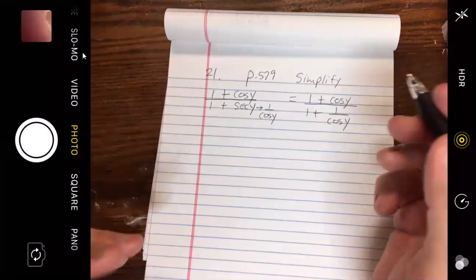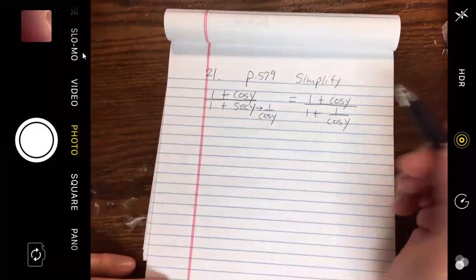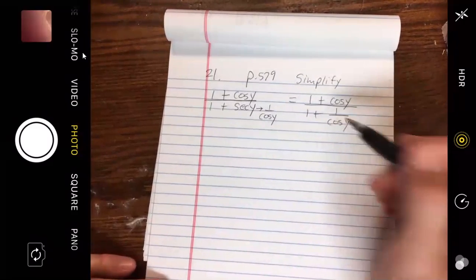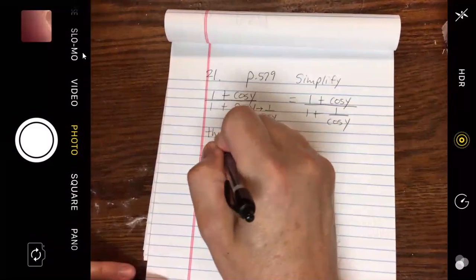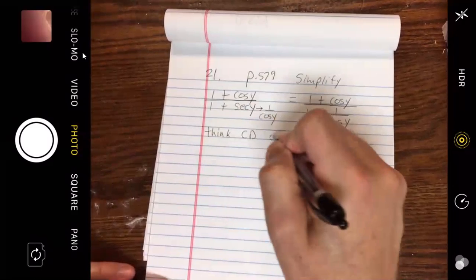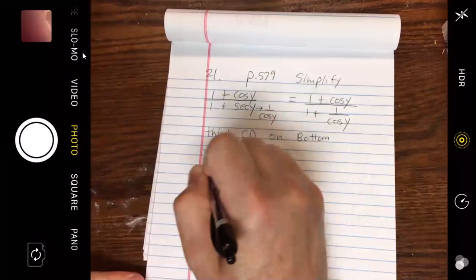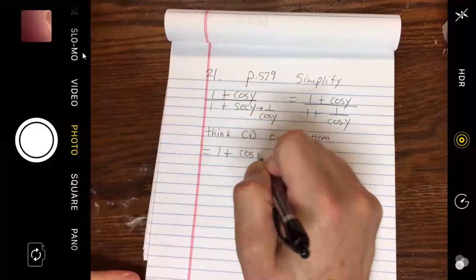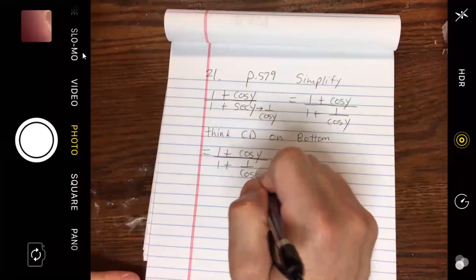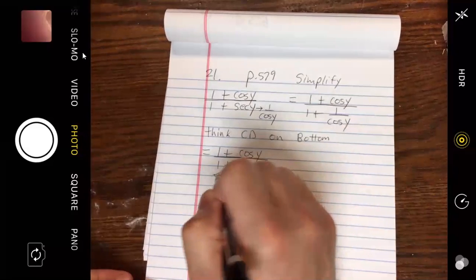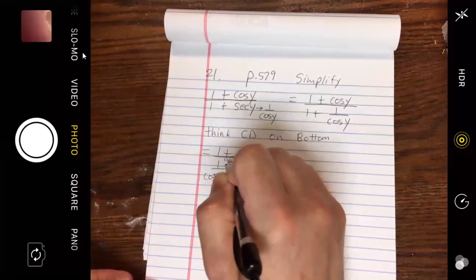All right, well, you've got all the same pieces, but they're not identical, top and bottom. These are not equal. You've got cosine and a flip of it. So we're going to have to think common denominator on the bottom. 1 plus 1 over cosine y: you put the 1 over cosine y, and put cosine y up top.